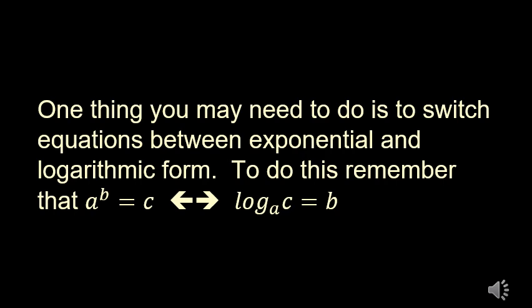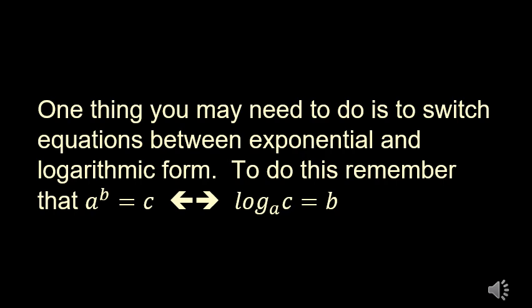And the thing that's important is how exponents and logs are related. You can see at the bottom there it says that if a to the b equals c, then the log base a of c equals b.